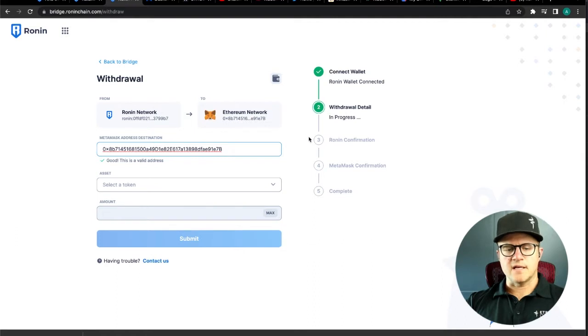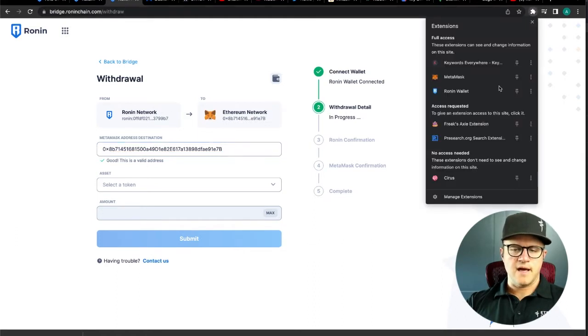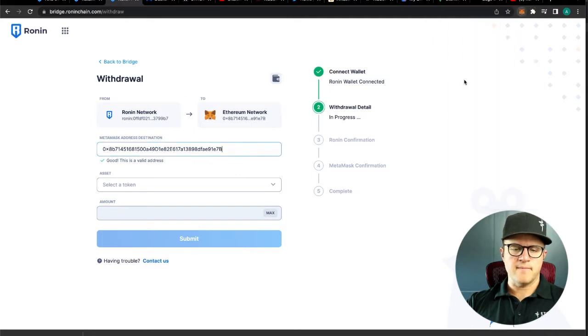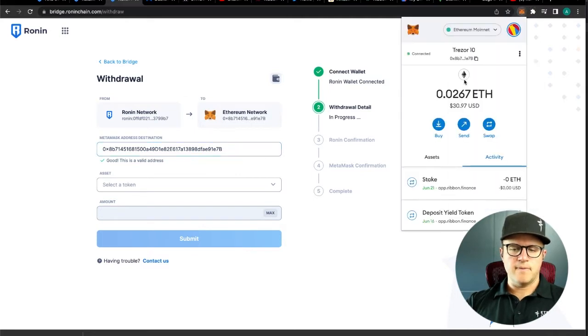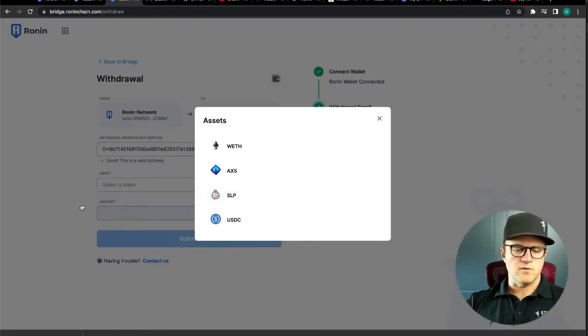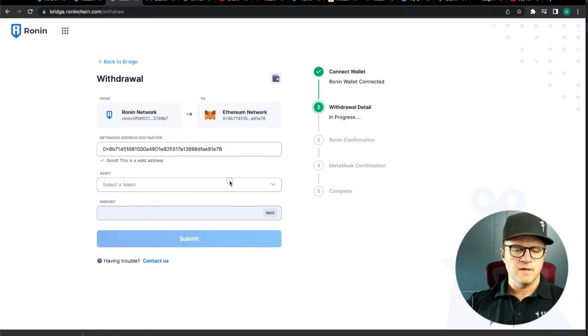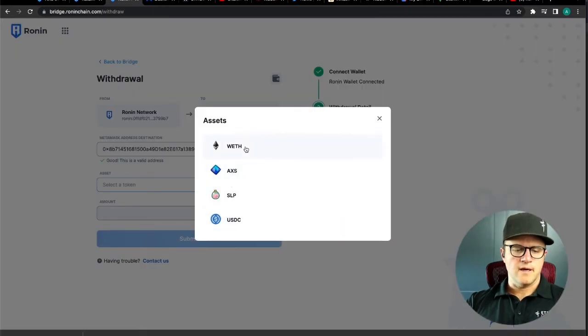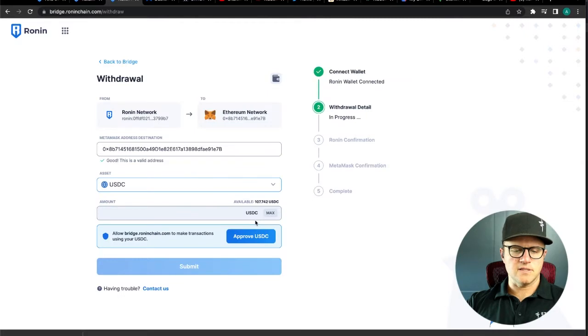I always double check, especially using bridges, guys, that the address is complete. So I'll open up my MetaMask again. Copy paste is pretty reliable, but I always check that these first 5 and the last 4 are the same. That should give you a good enough indication that you've got the correct address there. And then we can, let's say USDC, I've got $100 in USDC available. I could do the max on that.